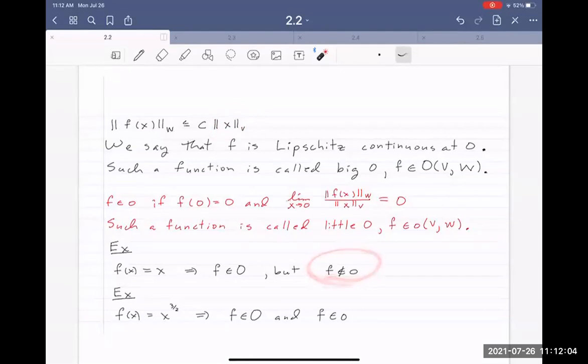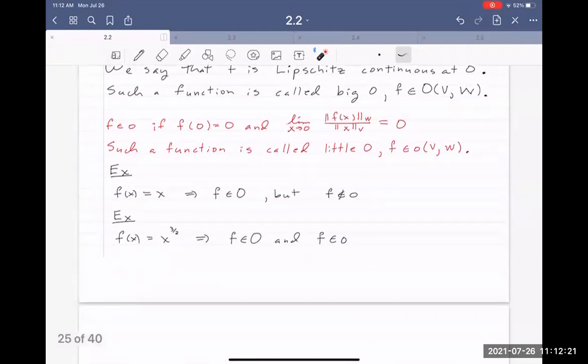But it's not little o. If you divide the norm of x by the norm of x, you don't get 0, you get 1. And so it's big O, but it's not little o. So that means that big O is not the same as little o.